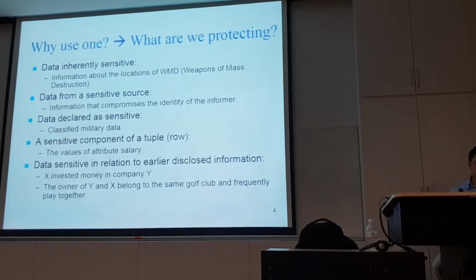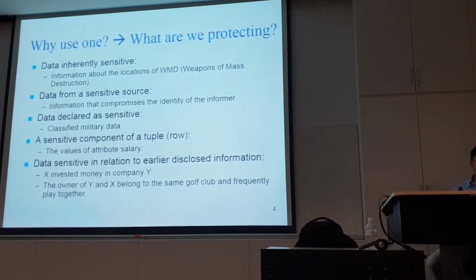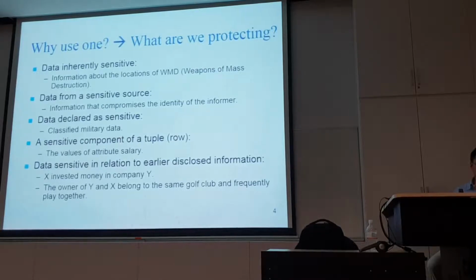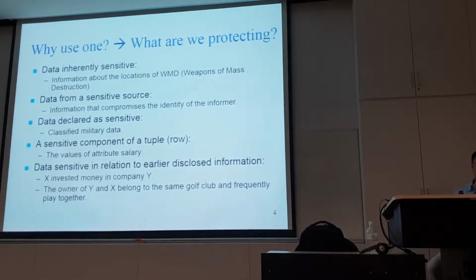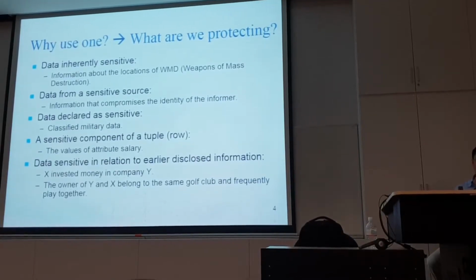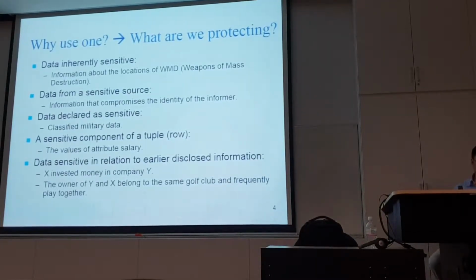You can also have identity as sensitive information. If you can identify the identity of a spy or informant or some agency, this kind of information may also endanger the person, right?